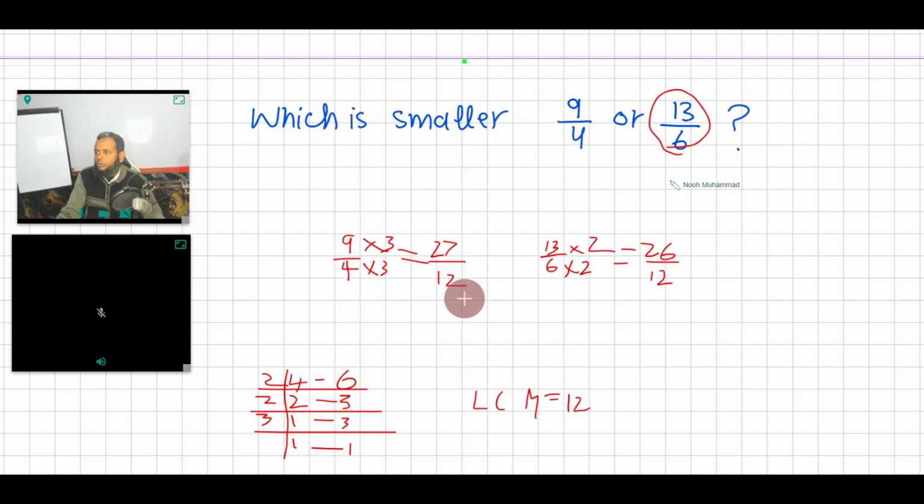Okay, good. So 13 over 6 is smaller, because 27 over 12 is greater and 26 over 12 is smaller, okay?